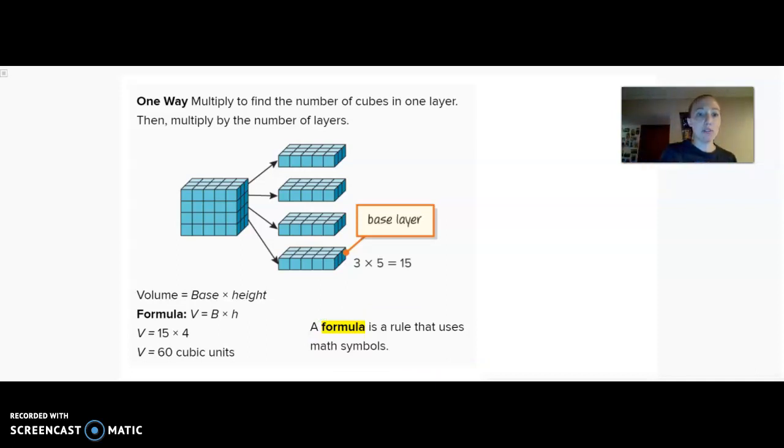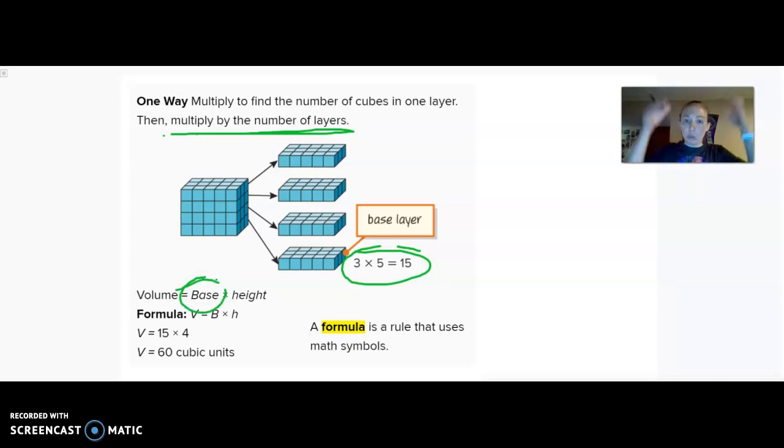So one formula involves multiplying to find the number of cubes in one layer. Like we did in the last lesson, we figure out that one layer, then we multiply by the number of layers. So we figure out the area of the base, how many cubes are in that bottom layer, or in really any of the layers because they're the same, and then we multiply by the height.